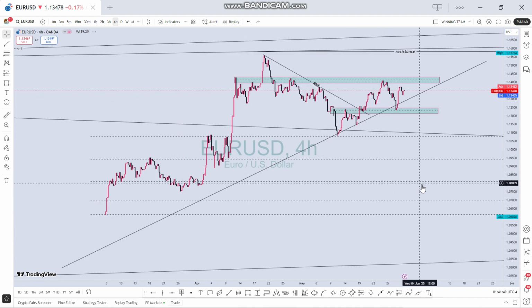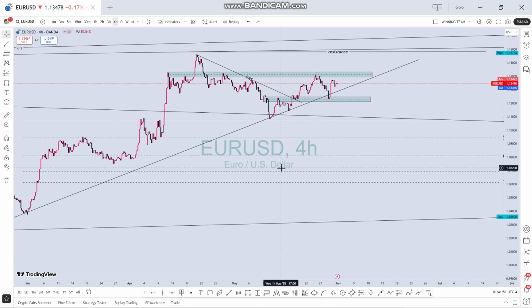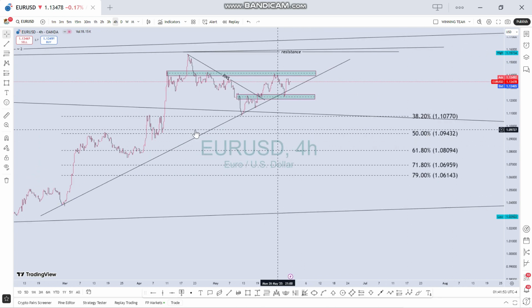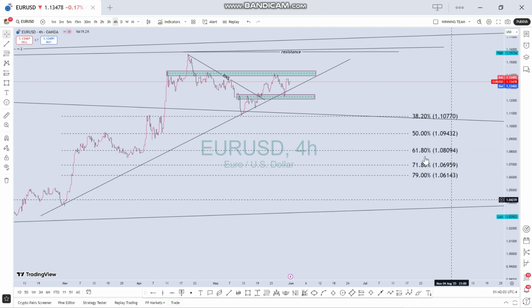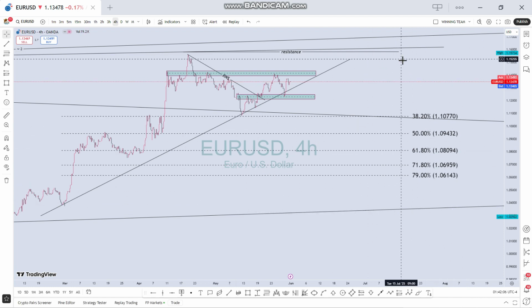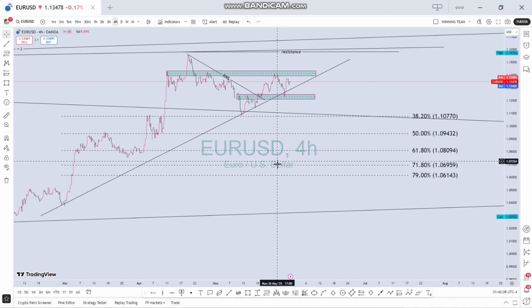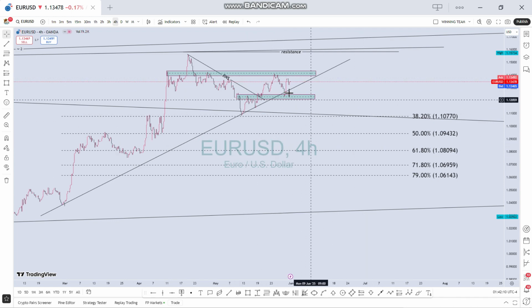So both are possible. We are just gonna be looking into this. Down here we're gonna have the 50% of the Fibonacci, and then down here the 61% of the Fibonacci, or it can go all the way into between 71.8 and 79% of our Fibonacci retracement, which is what we are gonna be looking out for. But either way, Euro USD for now is still a bit bullish.